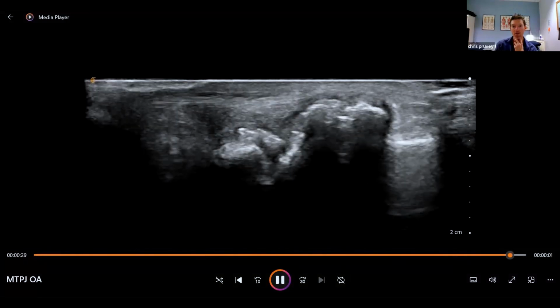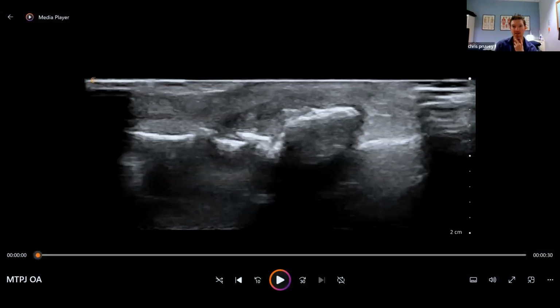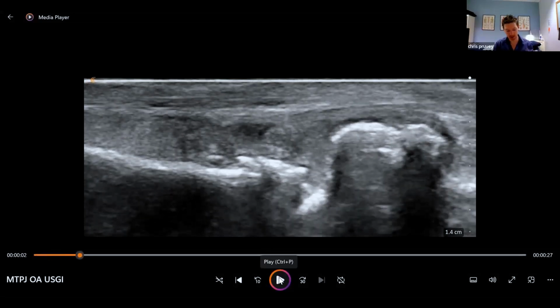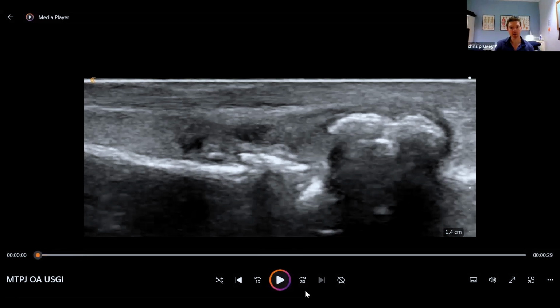What I can do is show you what we call an out of plane injection. Because it's very difficult to access in this plane, especially with all those osteophytes, I'm basically measuring how deep that joint crevice is, and I'm popping it in here. I'm getting it central, and I'm seeing the needle tip just down here before the injectate goes in.